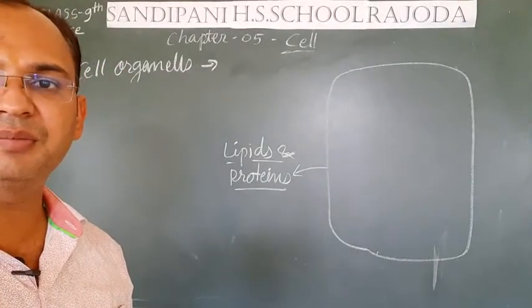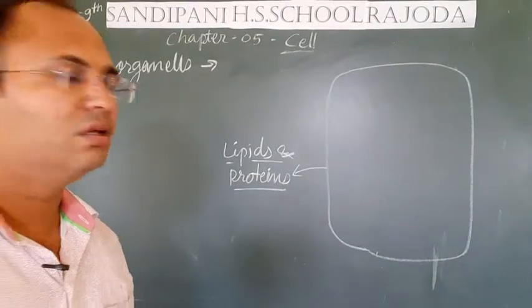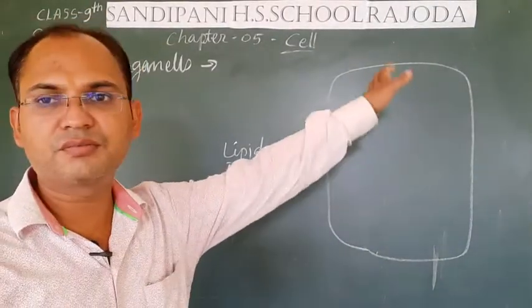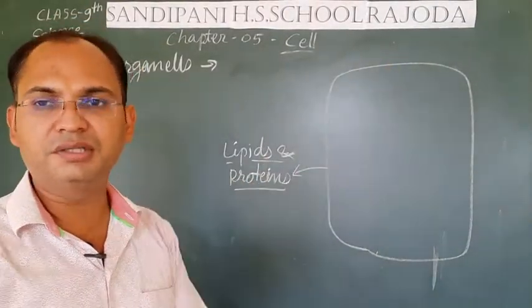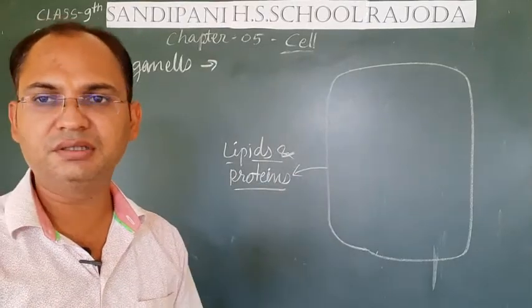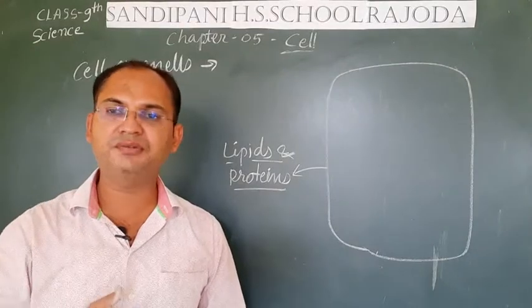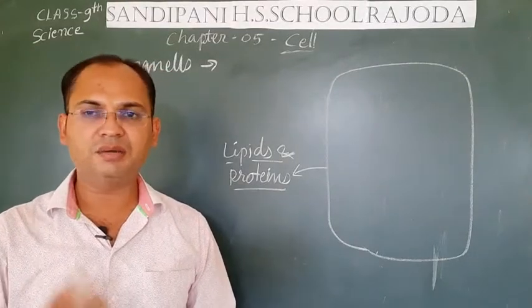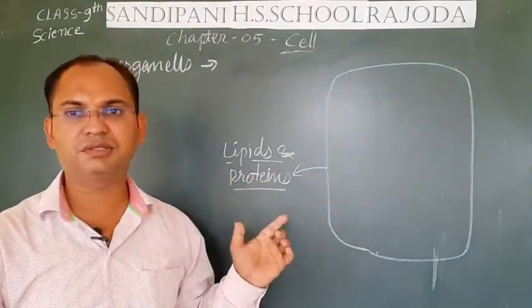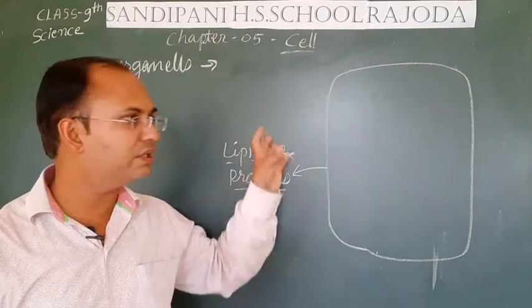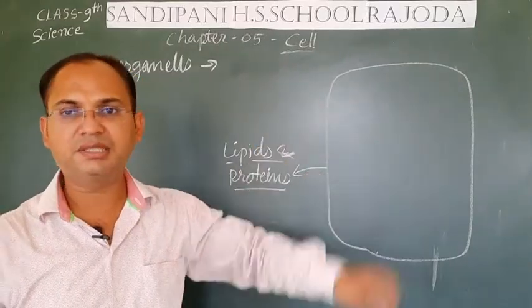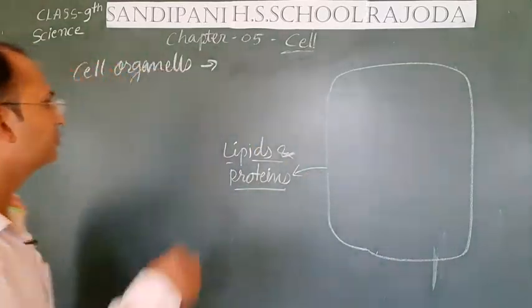This cell membrane, students, in unicellular organisms is very flexible and it helps the organisms to take in food. In amoeba or in unicellular organisms, when the food is taken in by the cell, that is called endocytosis.